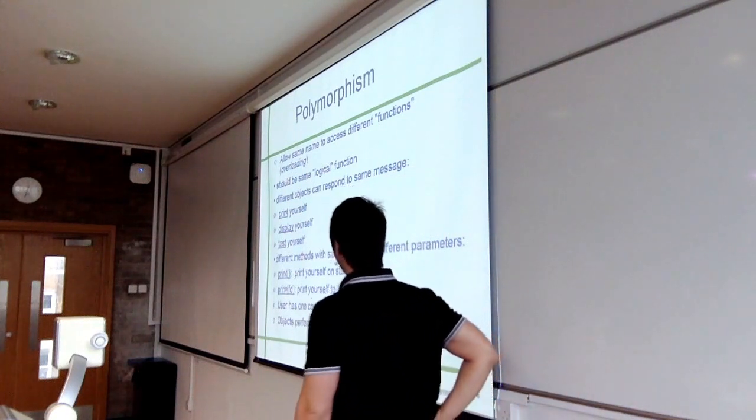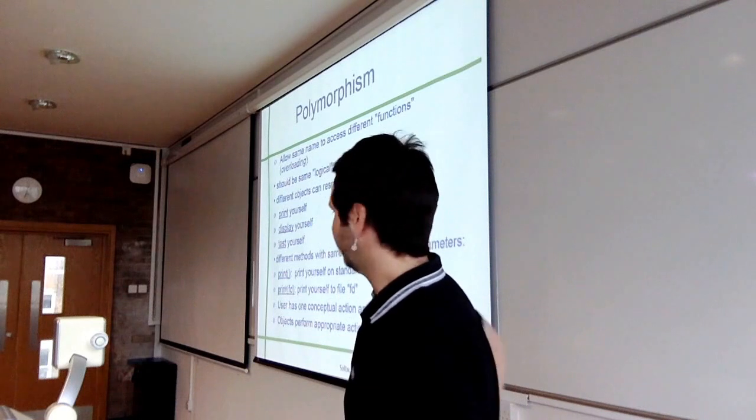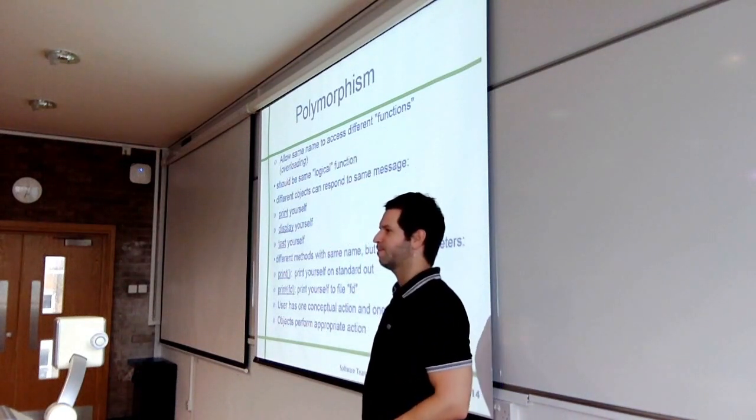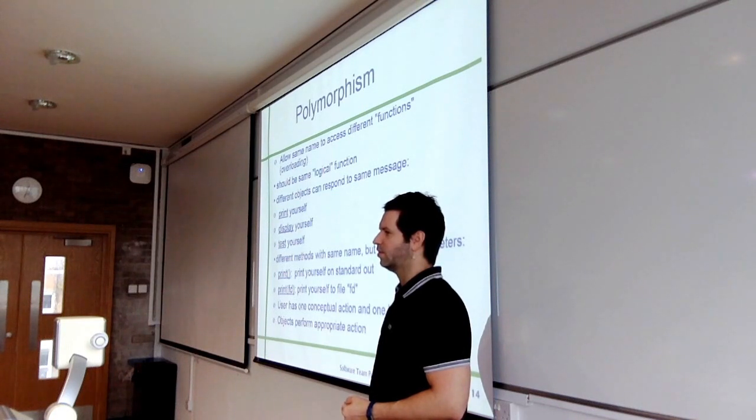Does everybody know one of the methods that every object can respond to in Java? I'm sure you've seen it before, and it's in your Java programming module. That's a good quiz question. There's a method that every Java object can respond to.